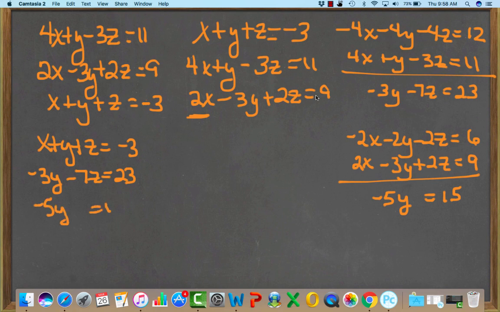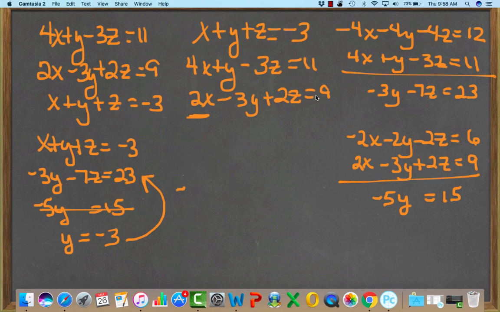Well, actually, I can go ahead at this point, and I don't care if you don't end up getting it simplified down to row echelon form, as long as you can find the solutions. I can go ahead here and divide and get that y would equal negative 3. Now, once I know that, we can back substitute, and we'll be able to figure out z.